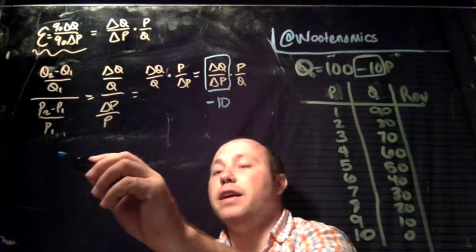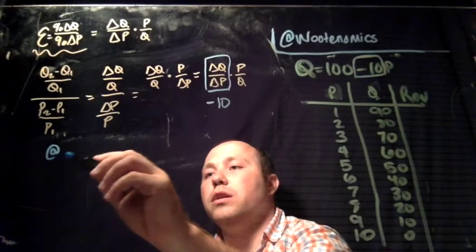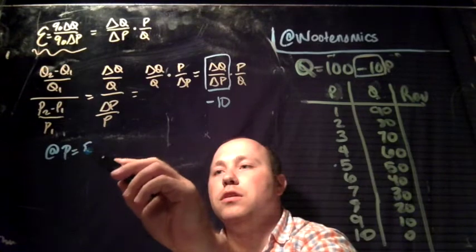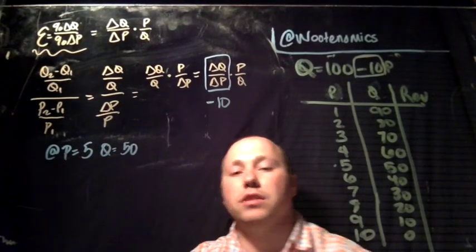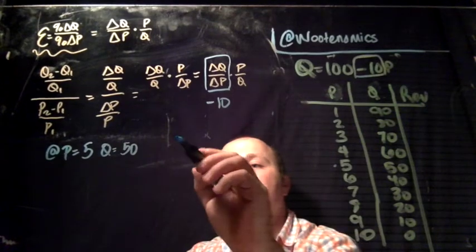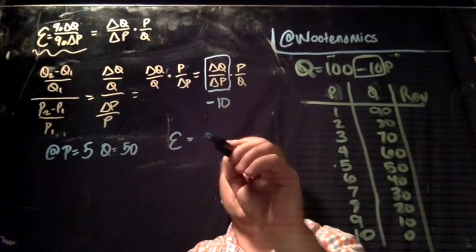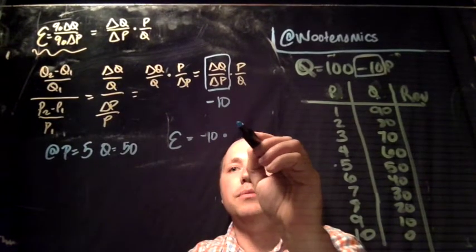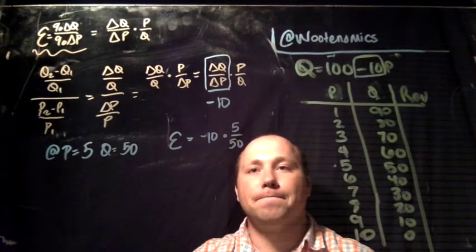So let's find the price elasticity at a single point. We're going to look at a price of, let's do $5. So at a price of $5 and a quantity of 50, let's determine the elasticity of demand. So elasticity is the change in quantity over change in price, which is negative 10, times price and quantity.